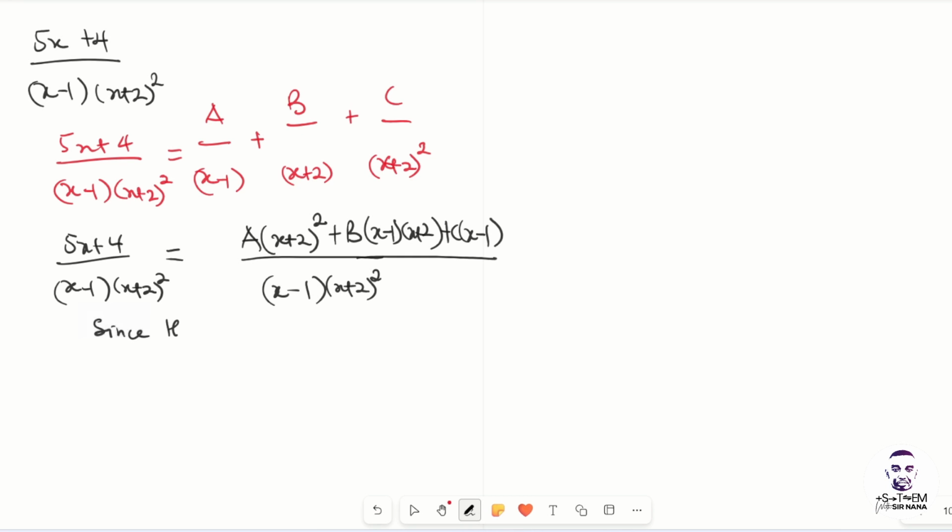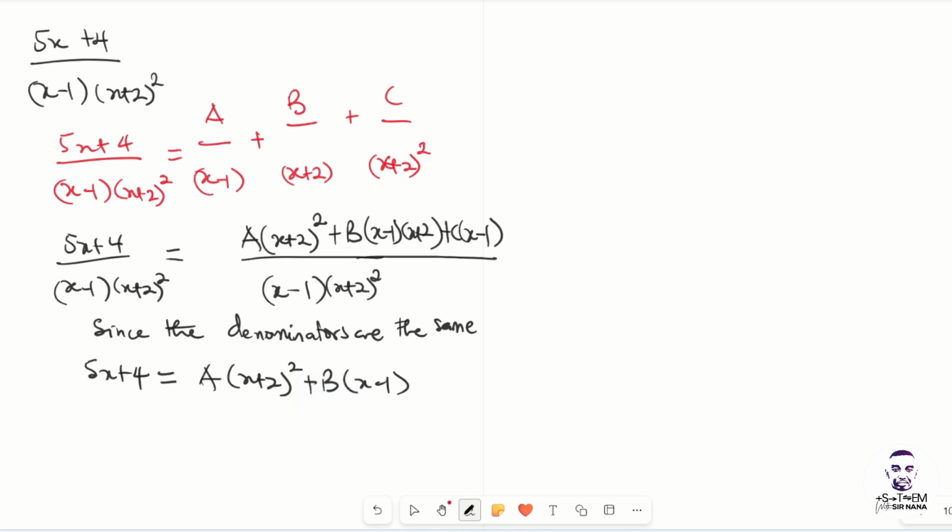Since the denominators are the same, we equate the numerators. So we have 5x + 4 equal to A(x + 2)² plus B(x - 1)(x + 2) plus C(x - 1).